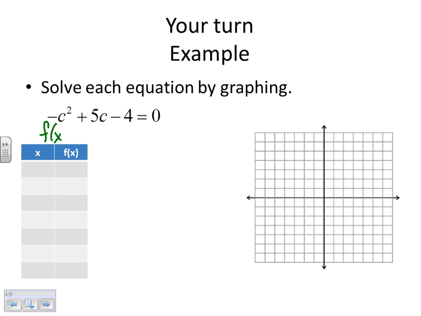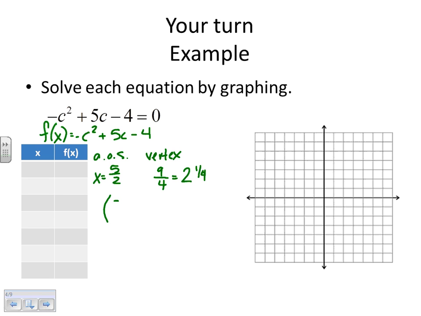Okay, so we get f of x equals negative c squared plus 5c minus 4. Your axis of symmetry is x equals positive 5 halves. And you plug in for your vertex, and we get our vertex to be 9/4 or 2 1/4.